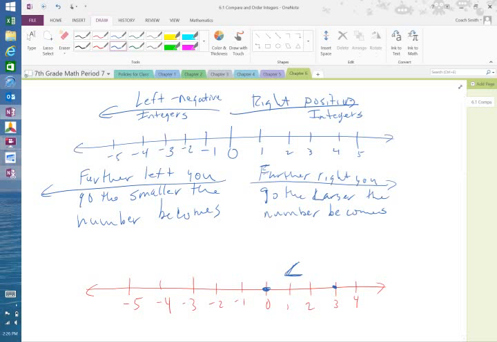But let's say we're looking at -1 and -5. -1 is greater than -5 if we were comparing them.